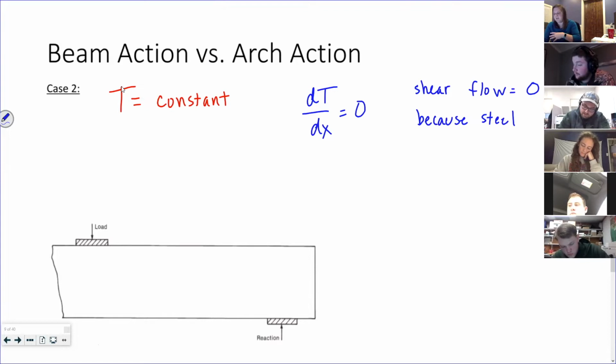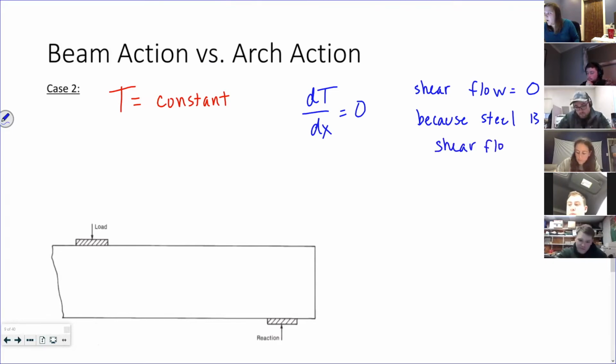It has debonded, everything's cracked, and it's just your steel holding everything together. Unbonded, meaning your concrete and your steel might not be working together anymore.